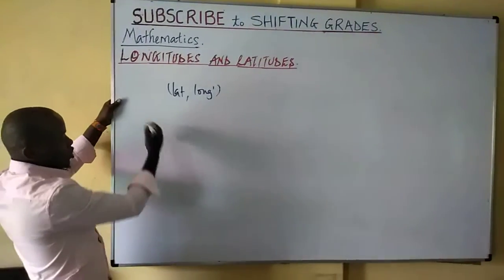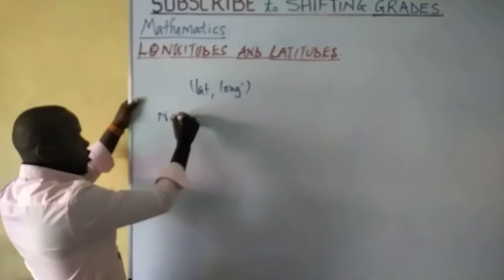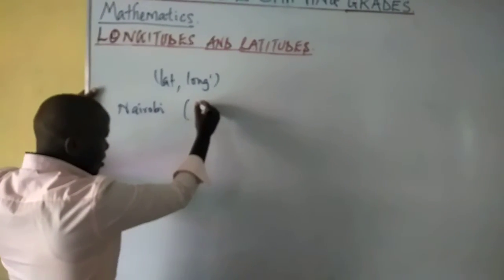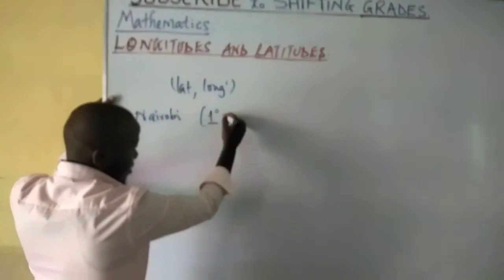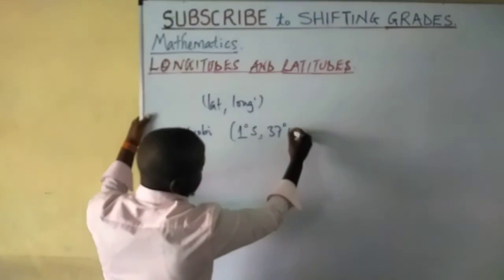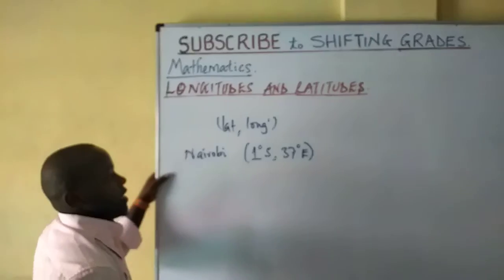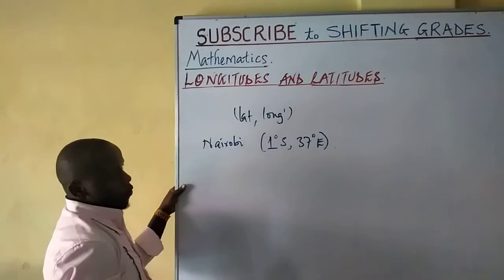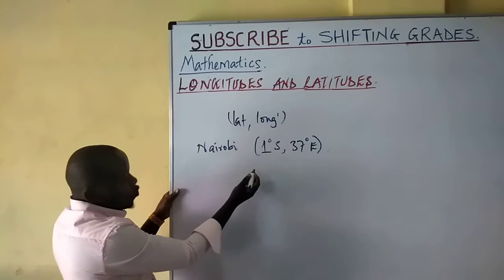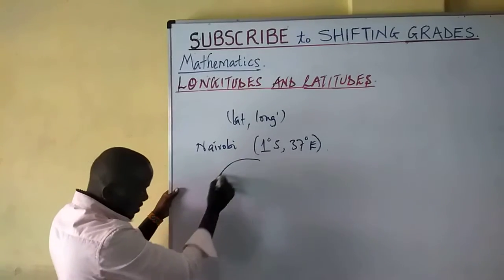If, for example, you are told that Nairobi is 1 degree south and 37 degrees east, then to identify where Nairobi is on the Earth's surface, you draw the globe just like this.